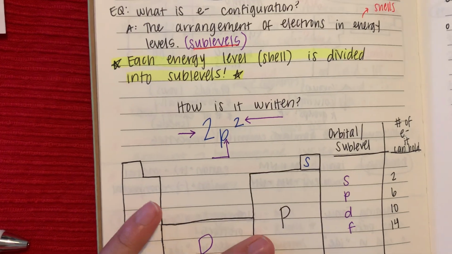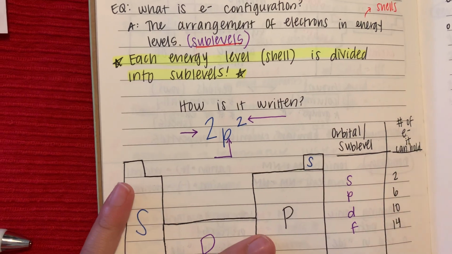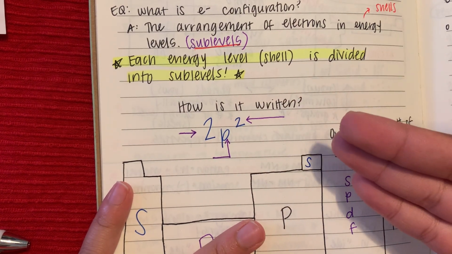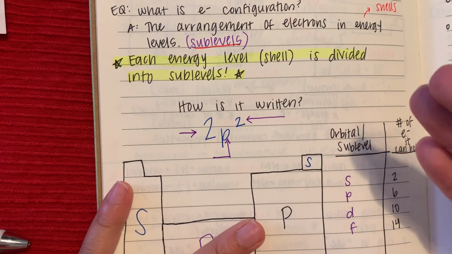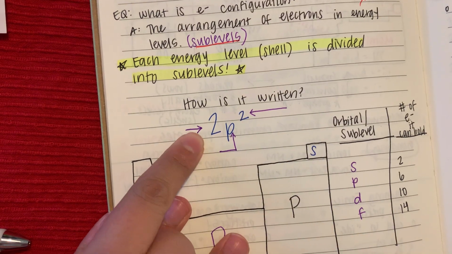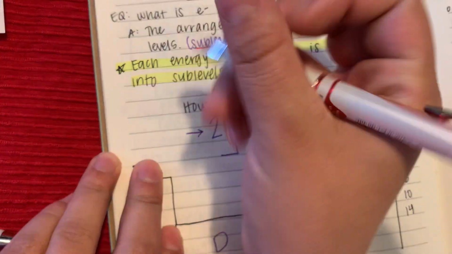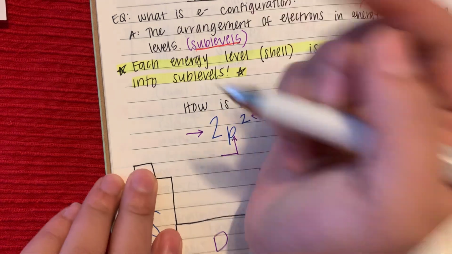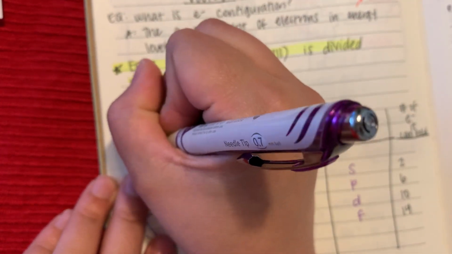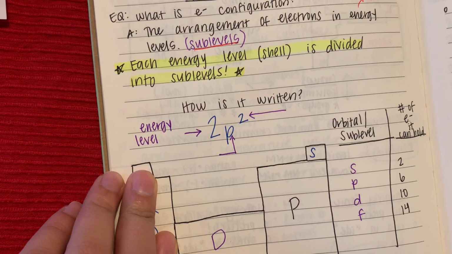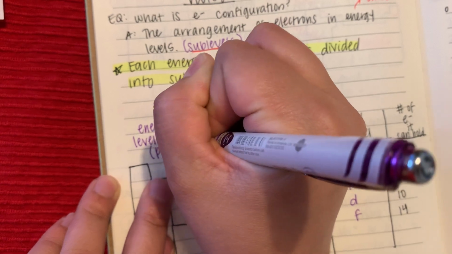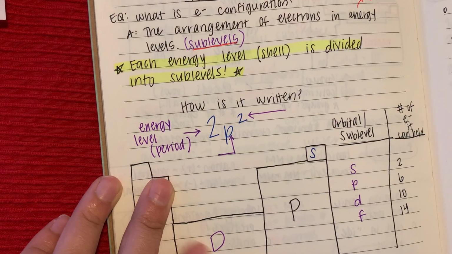So this is how electron configuration is written. In other words, guys, this is another way of identifying an element on the periodic table, and you use your periodic table to do it. So how is it written? This big 2 on the left side is the energy level. Or in other words, how do we tell the number of shells on the periodic table? The period number, okay? And you'll see that trend here.